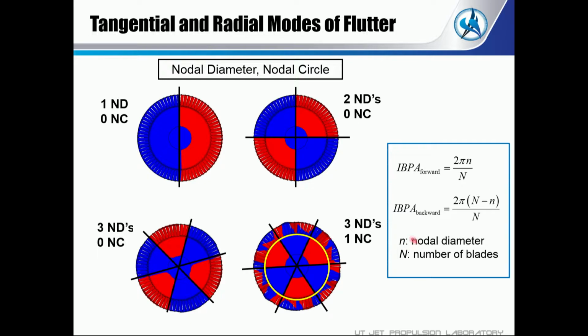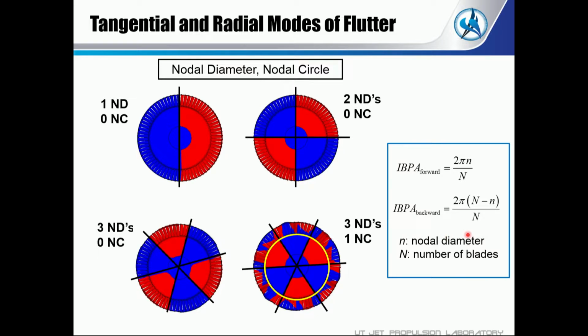Okay, and there is forward and backward. Forward traveling vibration is in this direction, and backward is the clockwise direction. We have both cases, and the relationship between nodal diameter and IBPA is here.